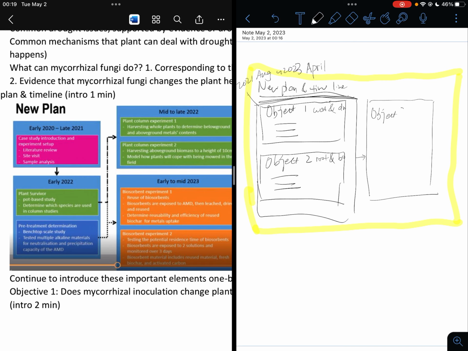That's about the reinoculation, and then its effects on water use, drought strategy, root morphology, and biomass. And that's based on a concept that might change the percentage of colonization.